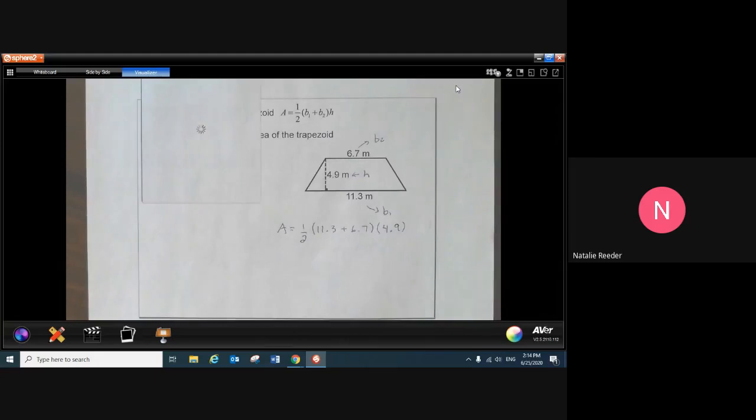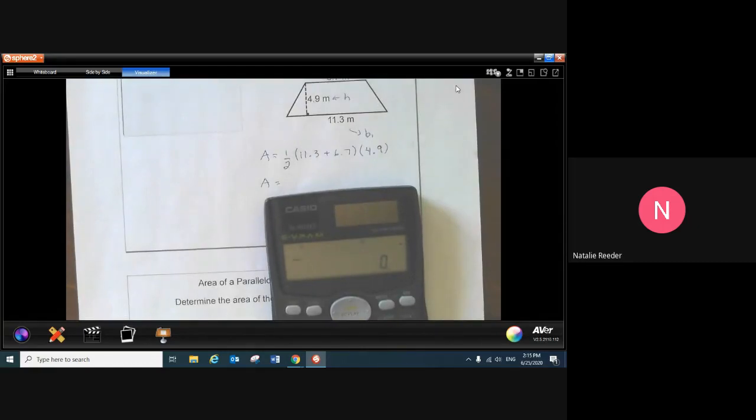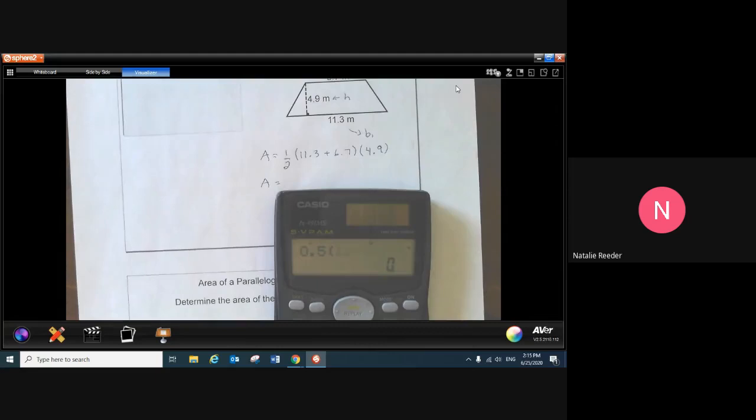Now, when we put this into the calculator, you could put in exactly what you see, but remember that a half can be converted to a decimal as 0.5, and sometimes that's easier on the calculator. So instead of a half, I'm going to go 0.5 times, and open my bracket. I'm going to put exactly what I see in the equation that I wrote.